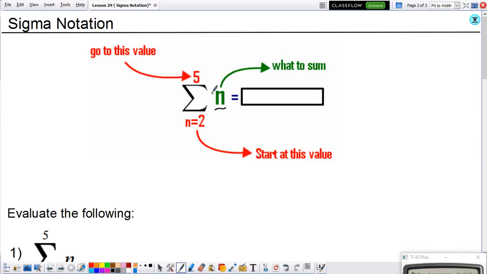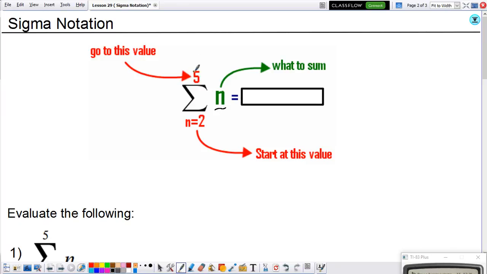You need to have a starting point and an ending point. What's in front is what we're going to be adding over and over again. Your starting point is always going to be underneath the sigma notation, and your ending point is going to be on top of the sigma notation.